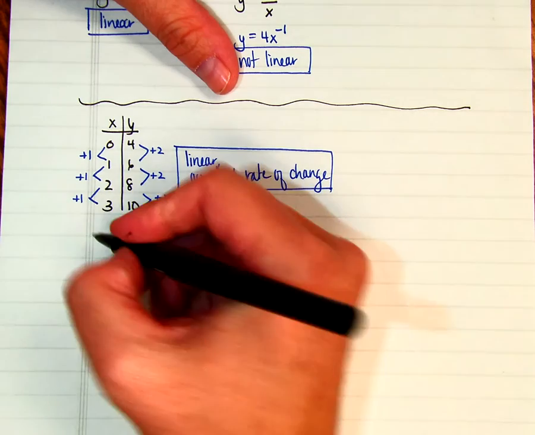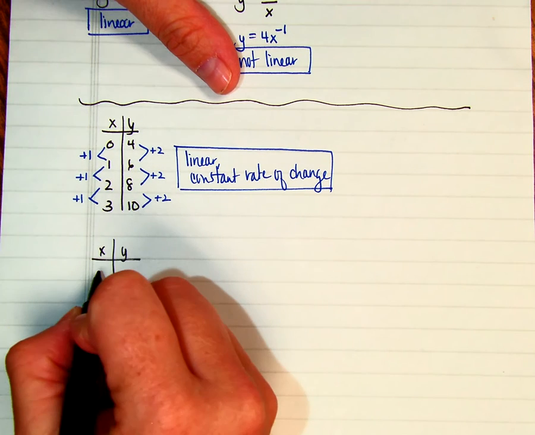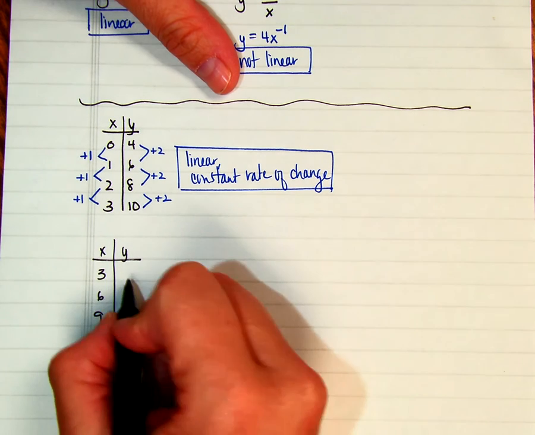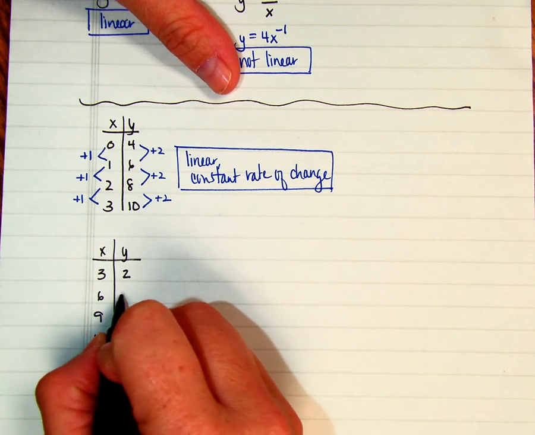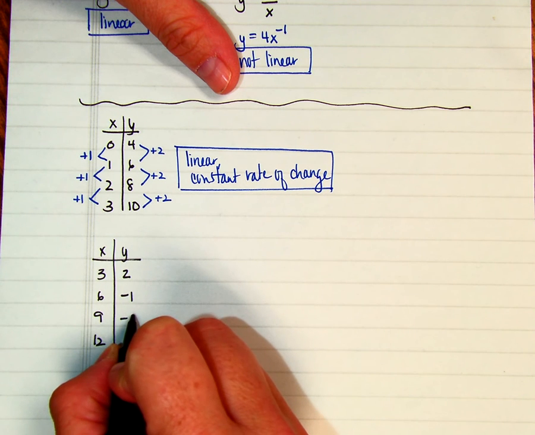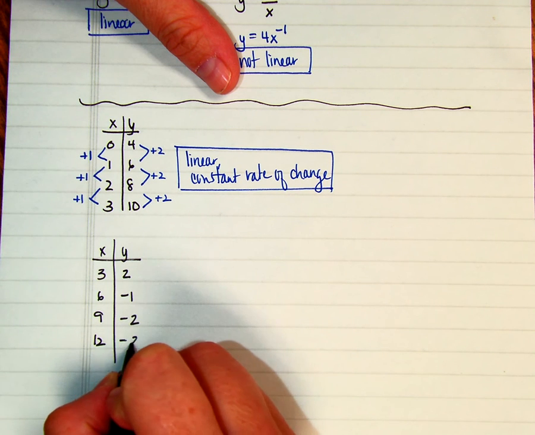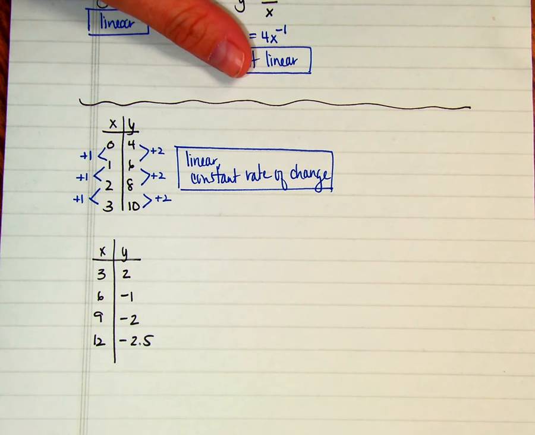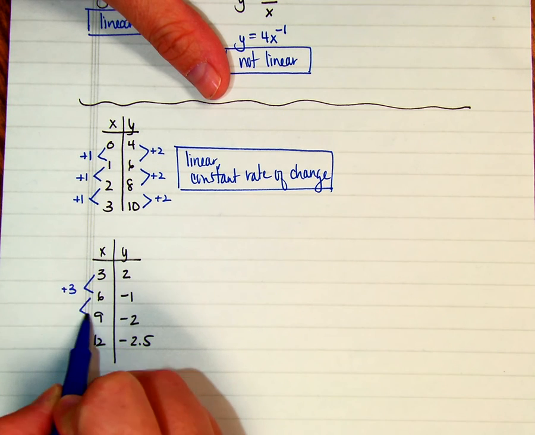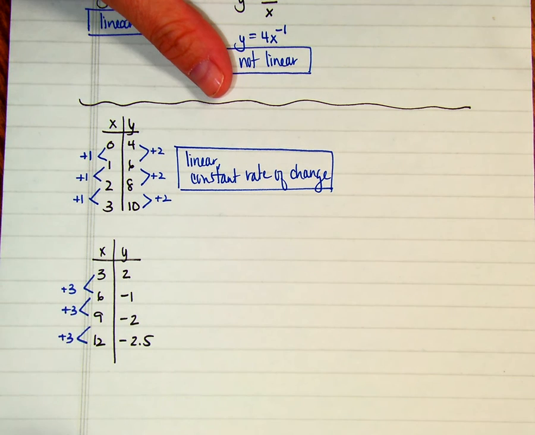It's another x and y table. Okay, so this has up 3, and up 3.